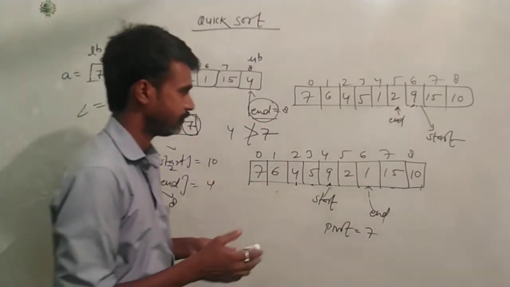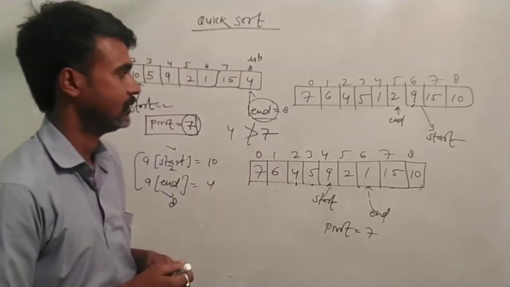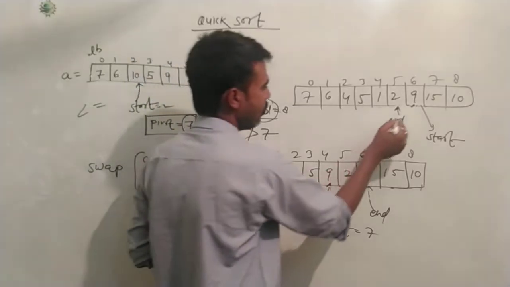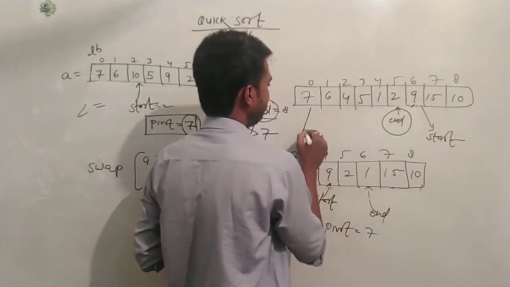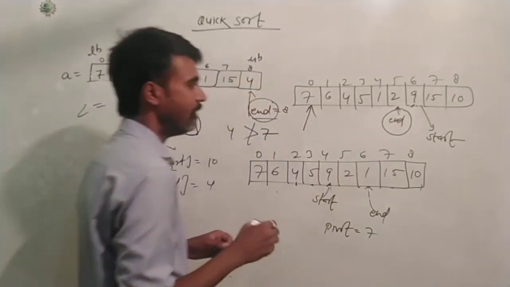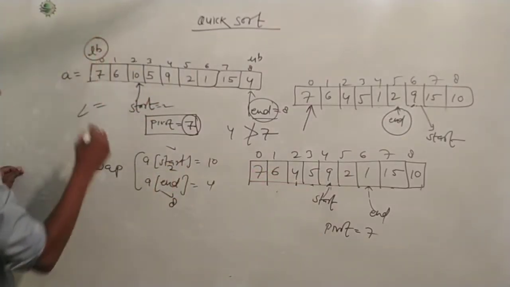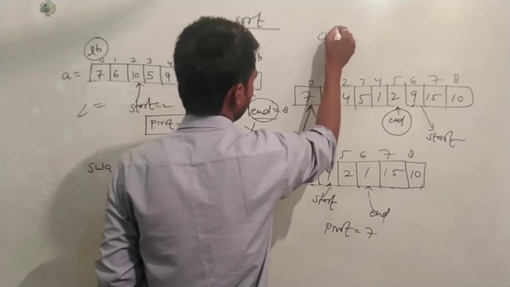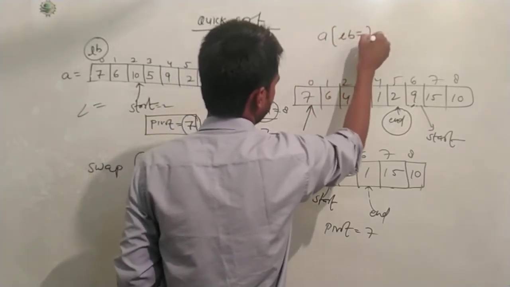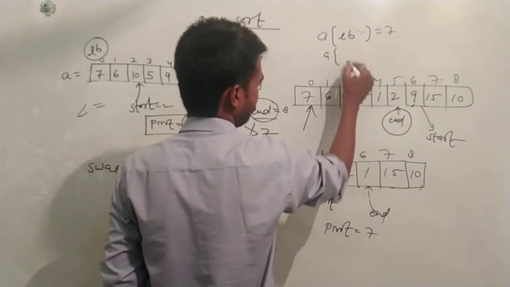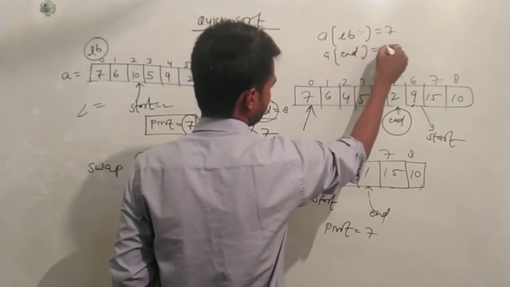So what should we do? We have to swap A of end with A of LB. A of LB is 7 and A of end is 2.